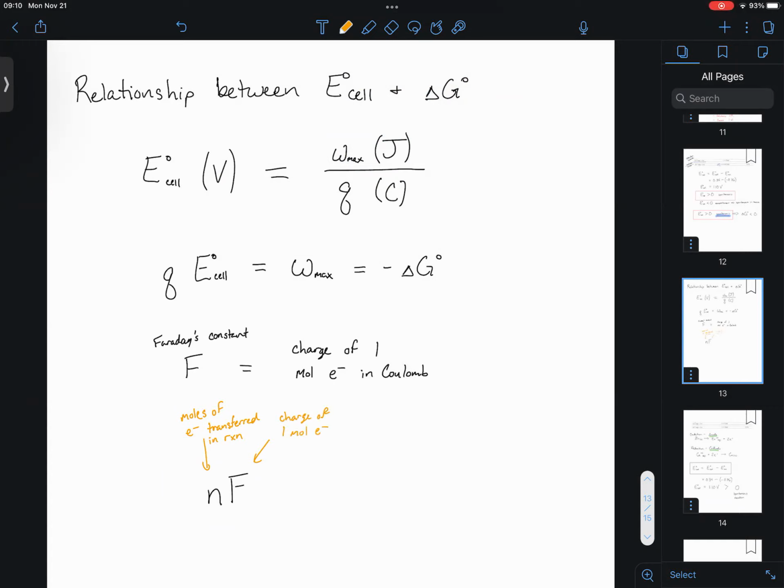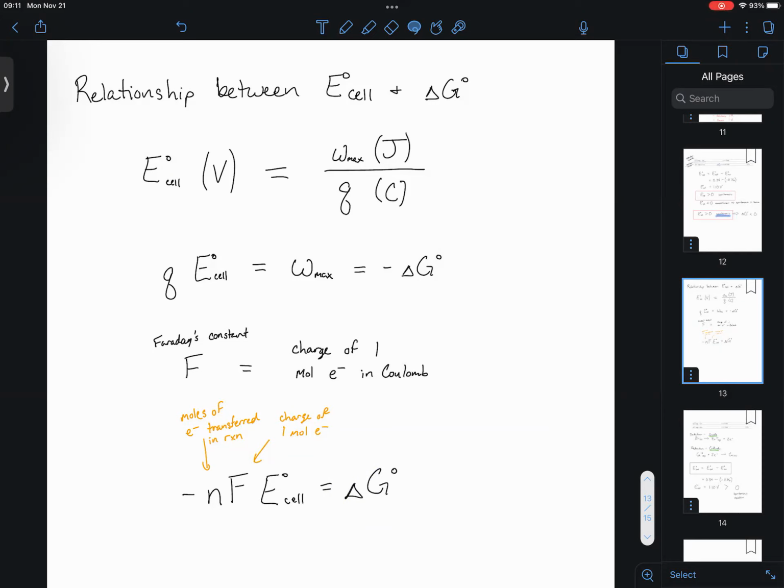So the two of those multiplied together give you the total charge of that battery. So if we take that E naught cell, we see that this is equal to negative delta G naught. And the convention is to move the negative sign over here. All right, so now we have this relationship between our battery and the free energy of our system.